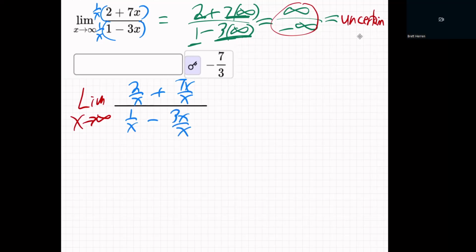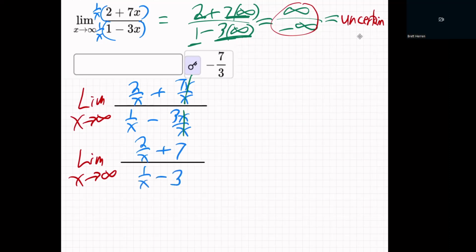Okay, great. Then these x's cancel and these x's cancel. So then we have the limit as x goes to infinity of 2 over x plus 7, over 1 over x minus 3. Great.